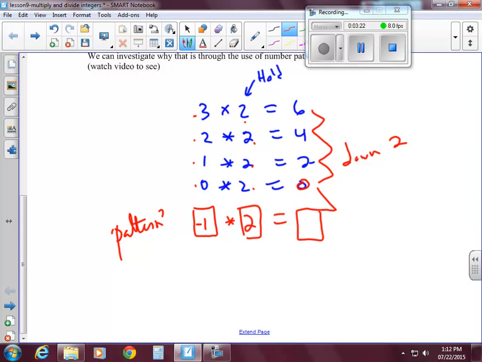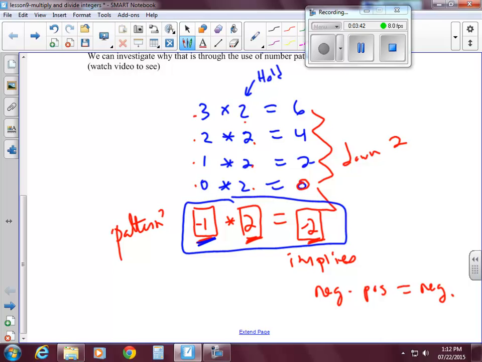If I'm at 0 and I go down, I'm going to be at -2. So basically, this implies that a negative times a positive will return a negative, which is exactly what we said. So solely by looking at a number pattern, you can see that a negative times a positive must return a negative.